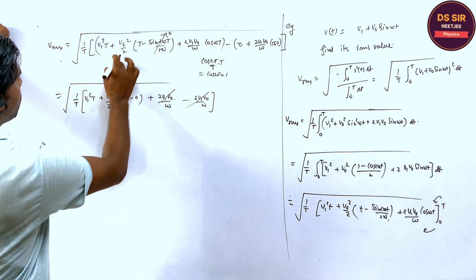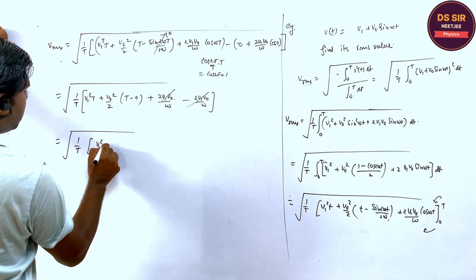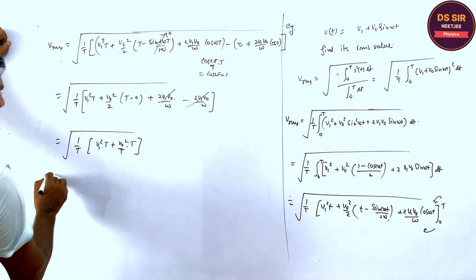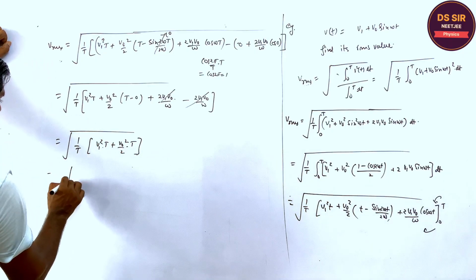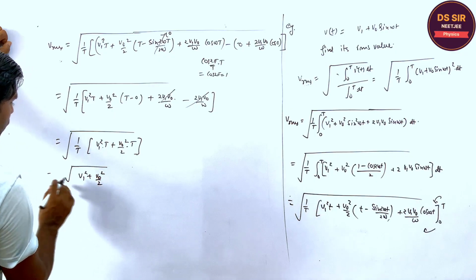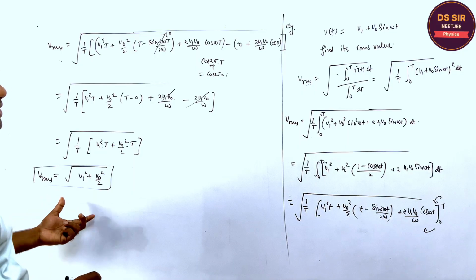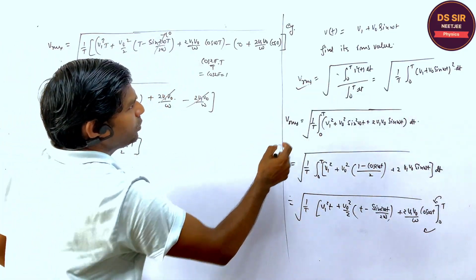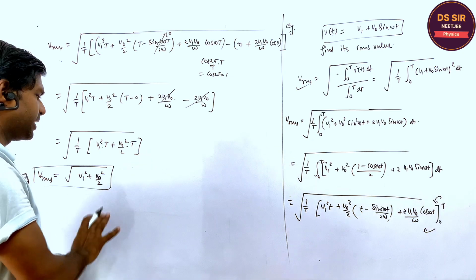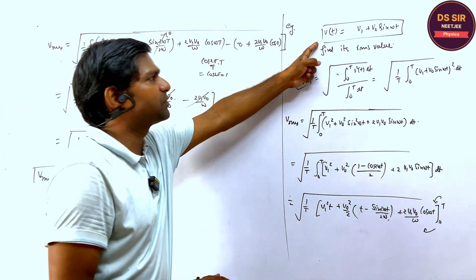So 1 by T times V1 square T plus V0 square by 2 into T, and T will cancel out. So you will get the square root of V1 square plus V0 square by 2. So this is the RMS value. Using the conventional formula, we are able to find it for this function. This question is asked many times in JEE as well as in NEET, to find the RMS value of this function, right?